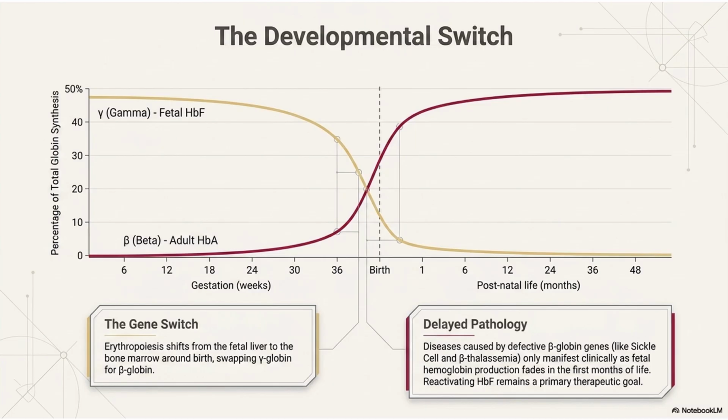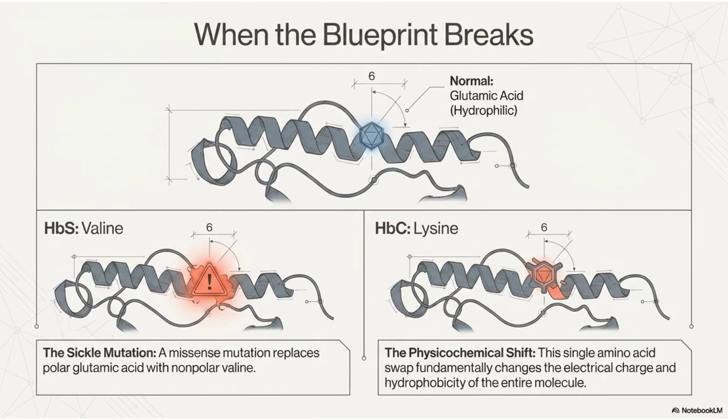Sometimes all it takes is a single mutation in one gene to completely alter the behavior of this remarkable protein. All right, so let's see what happens when the blueprint itself begins to change. Up to this point, every form of hemoglobin we've discussed has been completely normal. Now we're going to see how a single change in DNA can transform one of the body's most important proteins.